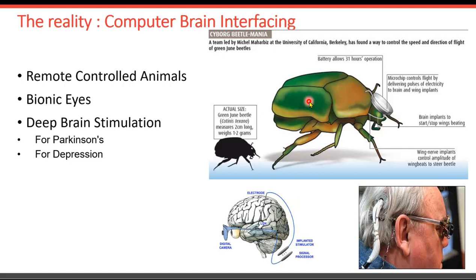Another example is bionic eyes. We have a digital camera acquiring the images of surroundings, and then those images are translated into electrical pulses that stimulate a certain area of the brain that is responsible for vision, the so-called visual cortex.